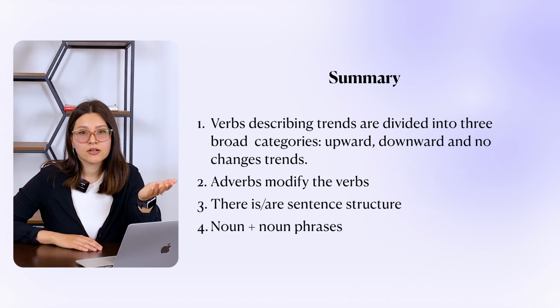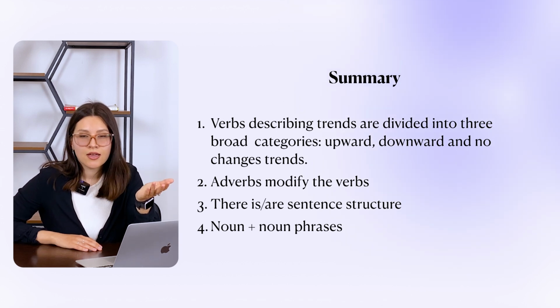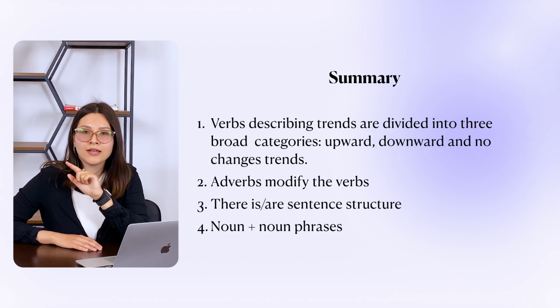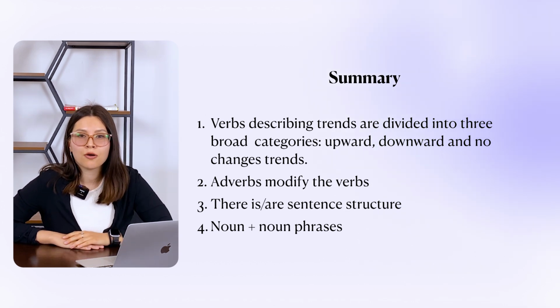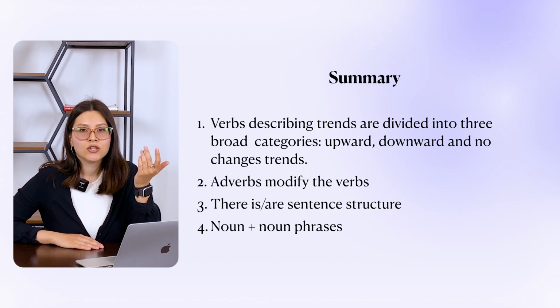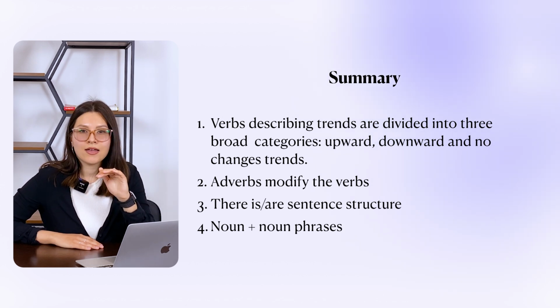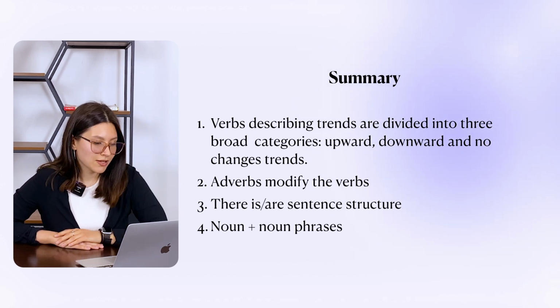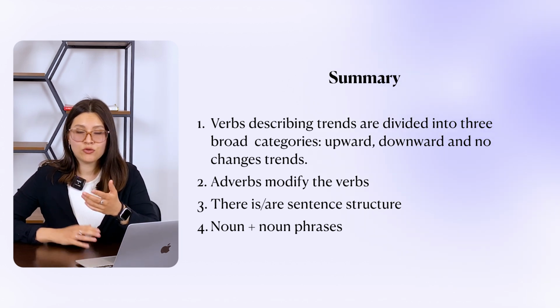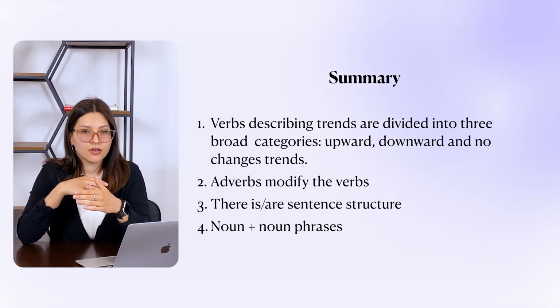It's not enough because every line is different. Every point on your chart or the whole line is going to be different from another one. This is the whole idea of writing task 1. You have to be able to differentiate and compare at the same time. All right, then we talked about some verb phrases. You can restructure, all right?